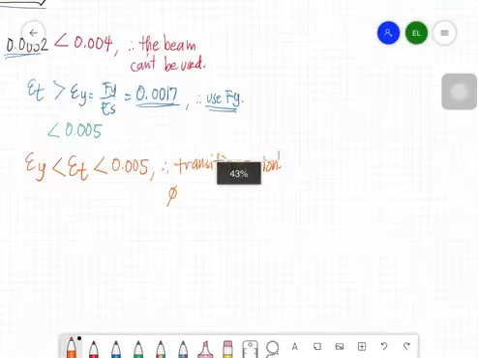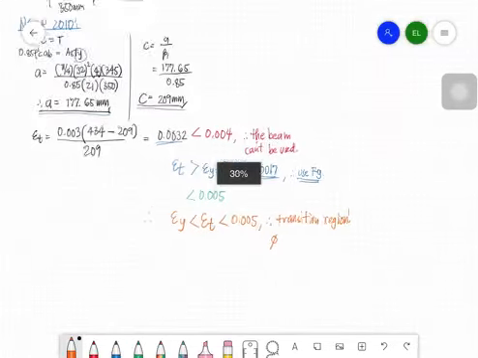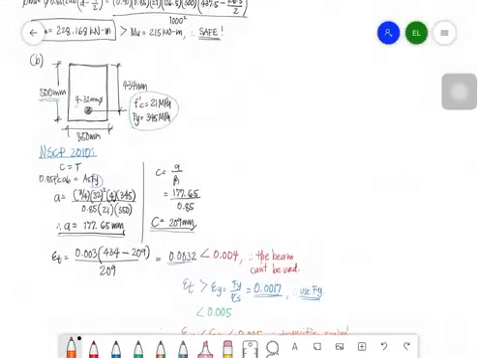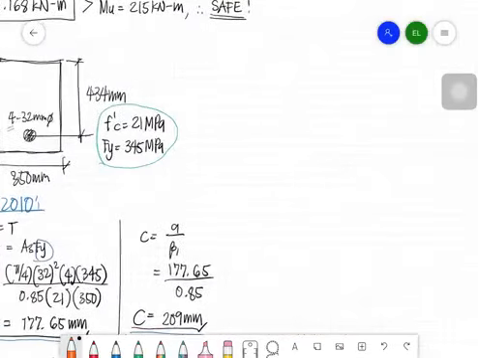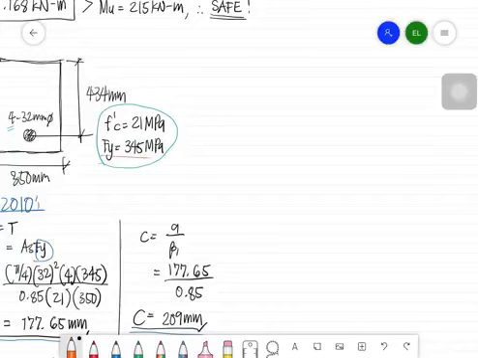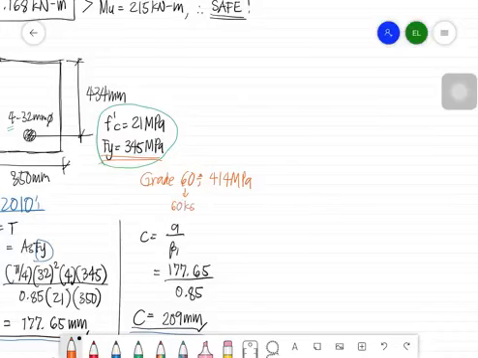Again, take note that our Fy is not grade 60, guys, because grade 60 is equal to 414 MPa in SI, since this is 60 ksi.